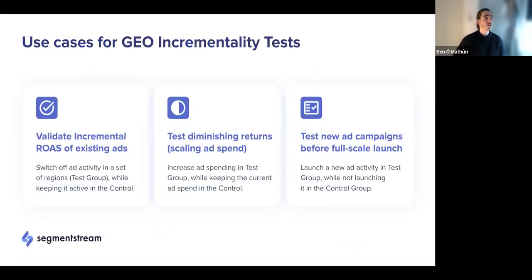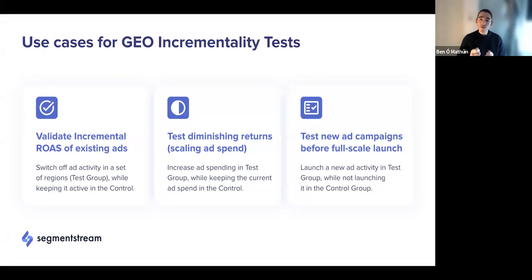Now, the use cases when we come to geo incrementality tests is that we're really aiming to validate the incremental ROAS of our existing ads. So we perhaps have a control group where we're not displaying any campaigns, and then of course have our test group where we're pushing additional advertising investment.